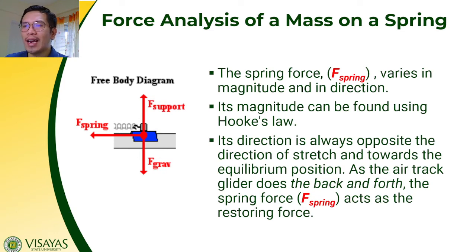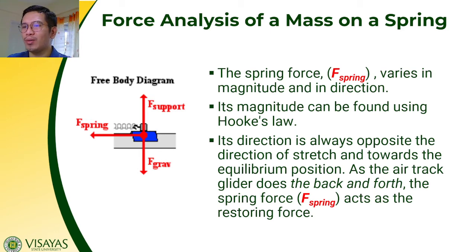As the air track glider does the back and forth, the spring force acts as the restoring force. It acts leftward on the glider when it is positioned to the right of the equilibrium position, and it acts rightward on the glider when it is, on the other hand, positioned to the left of the equilibrium position.